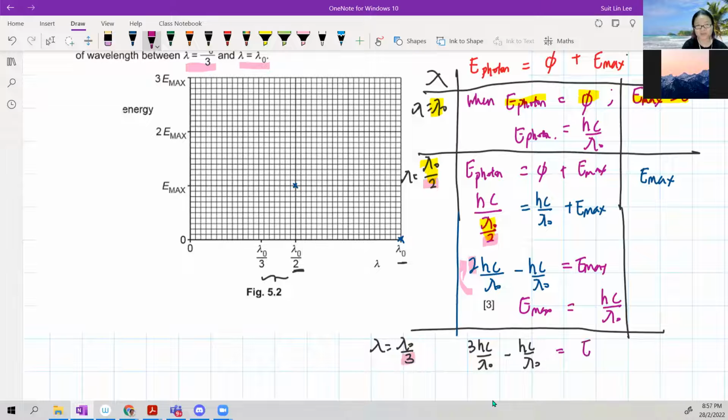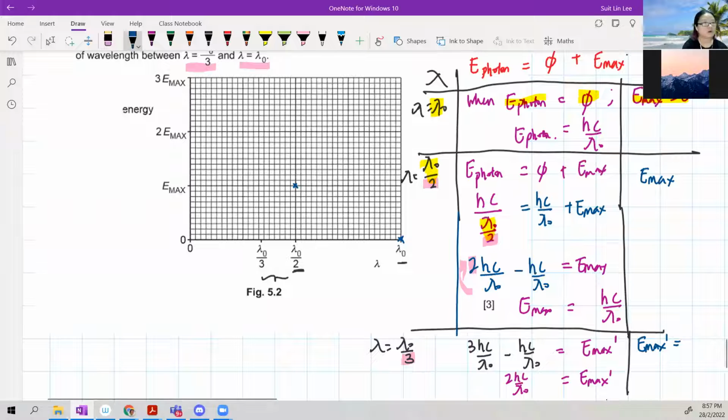So this one is equal to the new Emax, I'm just going to call it Emax prime. This one is 2 hc over lambda naught, and that is Emax, right? Which means this new Emax is equal to 2 times the old Emax.